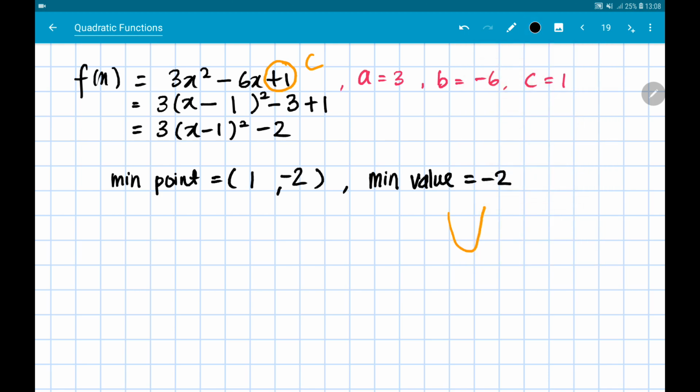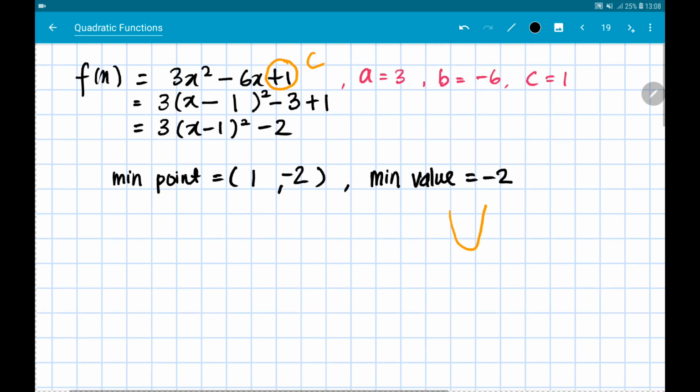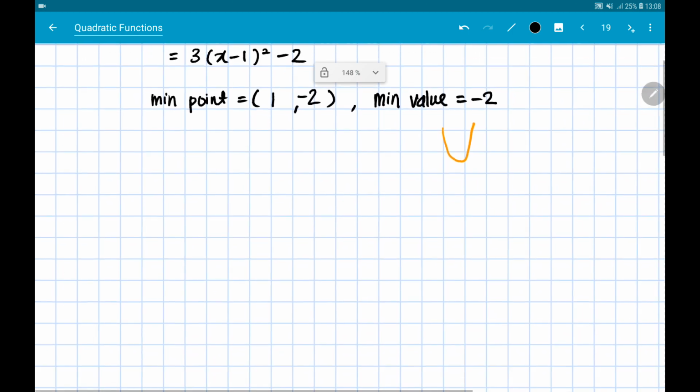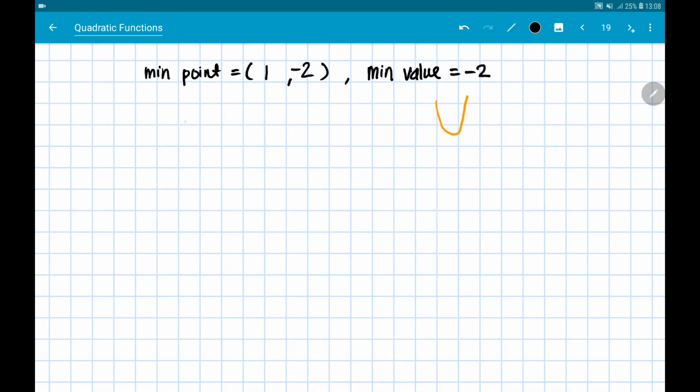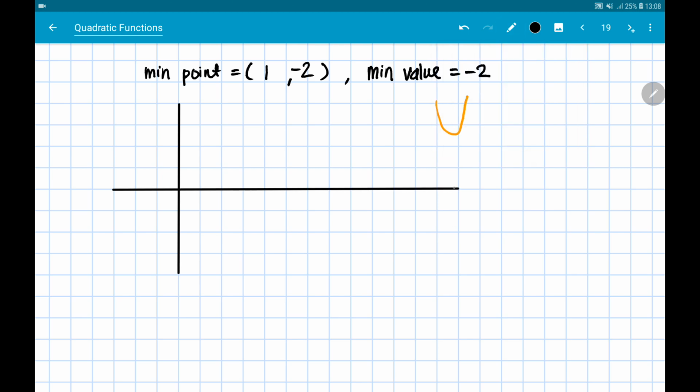Now, knowing these details will allow us to sketch the graph correctly. So let's go ahead and draw the x-axis and the y-axis first. So I have something like this. This is the y-axis and this is the x-axis. When you sketch your graphs, don't forget you have to label the x-axis and the y-axis as well.